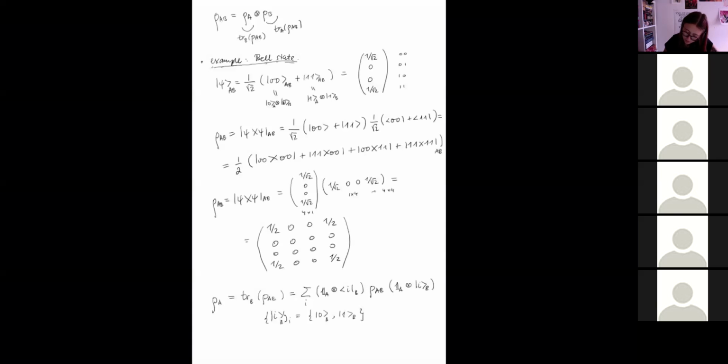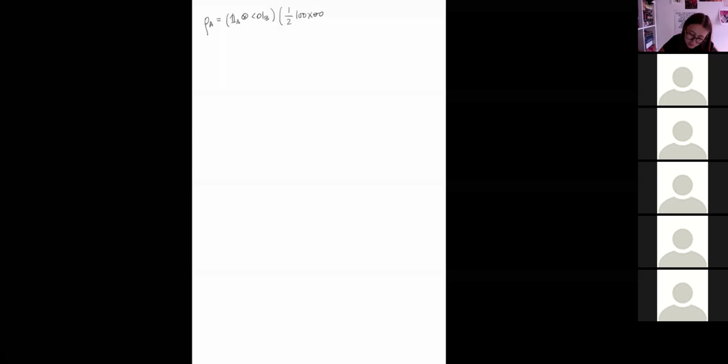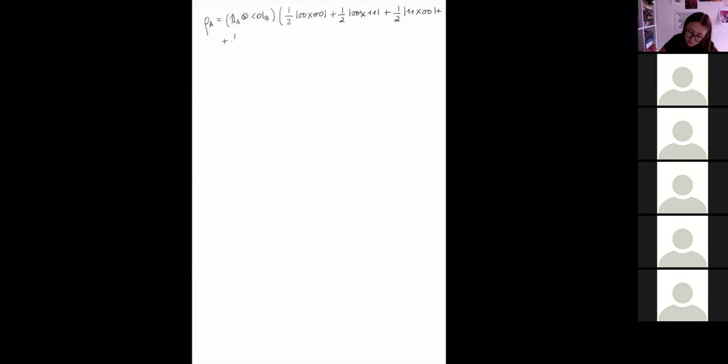The first component is nothing acting on A, then 0 on B. Then we have our state, which is 1/2 0, 0, 0, 0 plus 1/2 0, 0, 1, 1 plus 1/2 1, 1, 0, 0 plus 1/2 1, 1, 1, 1.